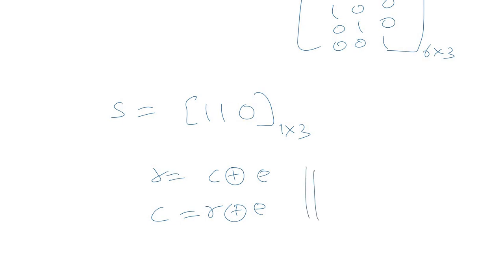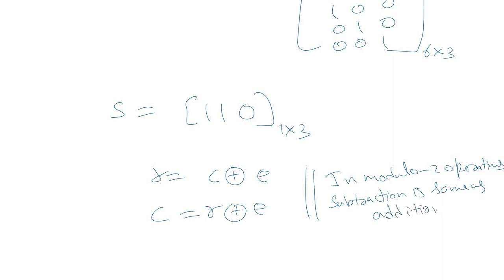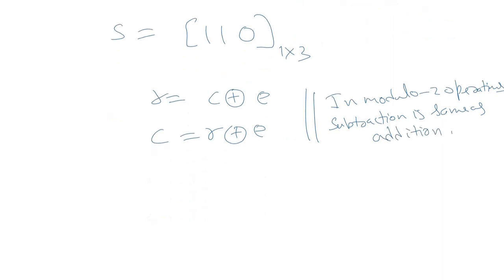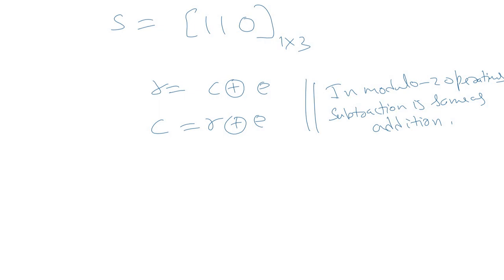Always remember, in modulo 2 operations, subtraction is same as addition. So now we know the syndrome vector S, which is 1 1 0, and we know the expression of syndrome vector is E into H transpose.